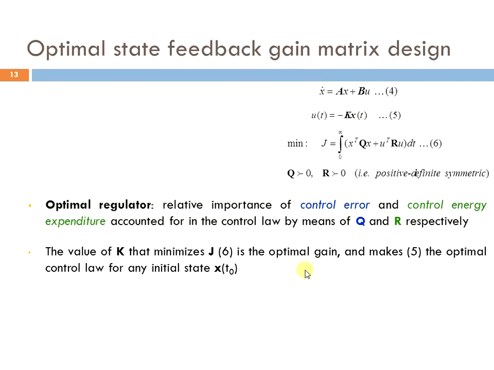So in designing the state feedback control matrix, we want to design a matrix K that minimizes the performance index as expressed in equation 6. And if we can find that value of K which minimizes 6, then we have the optimal state feedback gain matrix for any given initial state x of t sub 0.